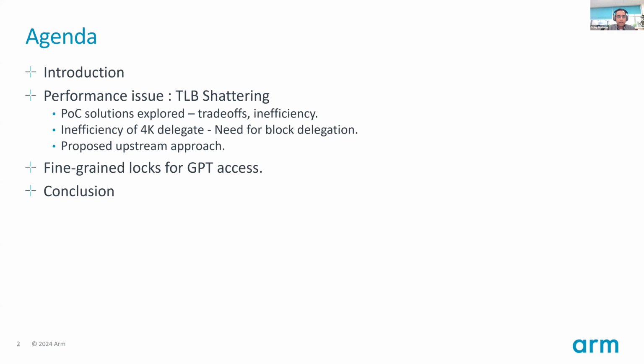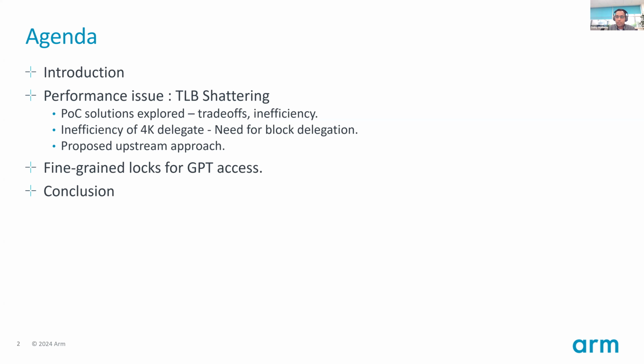So with regards to the agenda, first, I hope to give a small introduction on the granular protection table as described by the RMA architecture. Then I'll describe the performance issue.